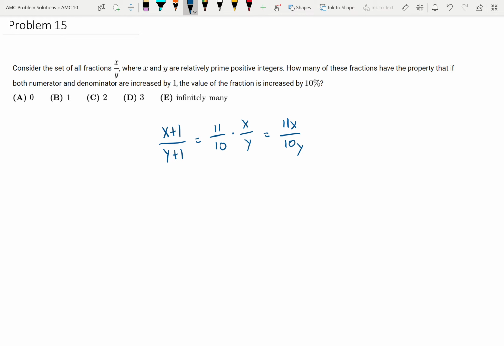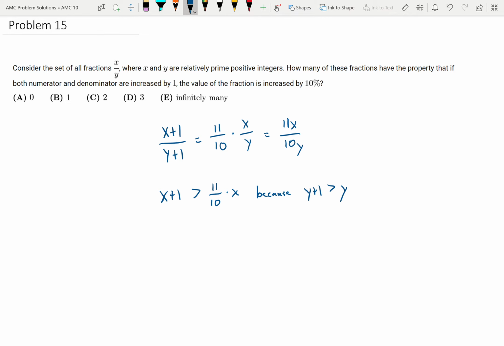So it's true that x plus 1 is greater than 11 over 10 times x, and the reason for that is because y plus 1 is greater than y.